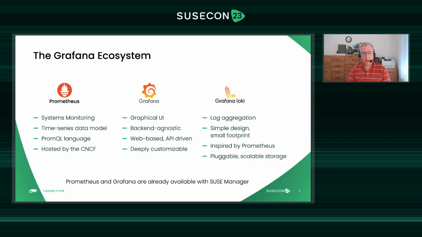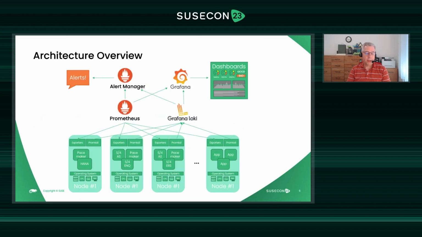And then in the center of it all, Grafana, the graphical UI to bring you all the metrics on your screen together with the logs. It's a web-based, API-driven platform which is deeply customizable, so you can create all kinds of dashboards with it. All those components are available with SUSE Manager.